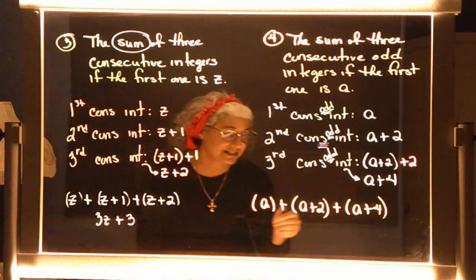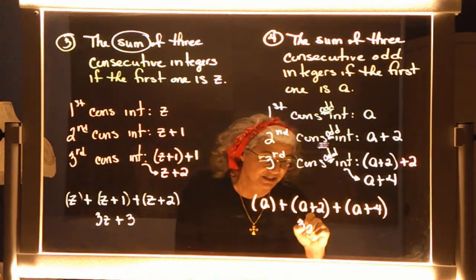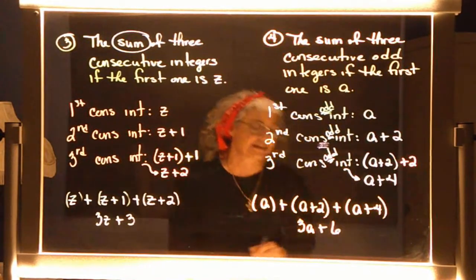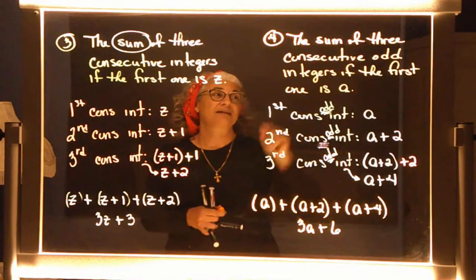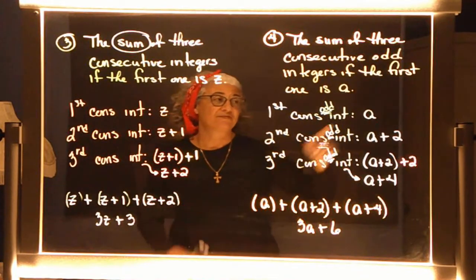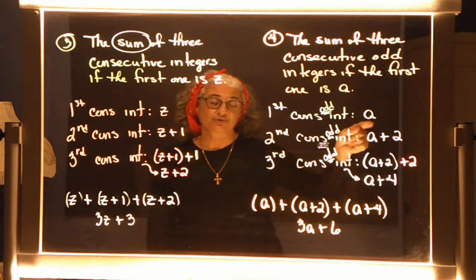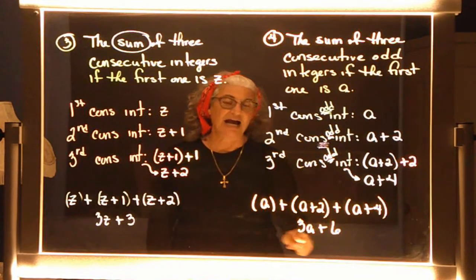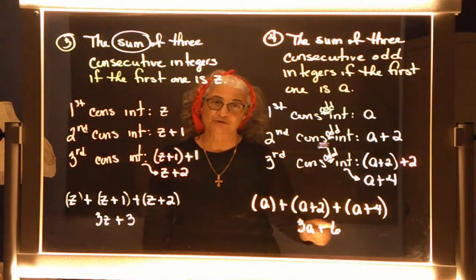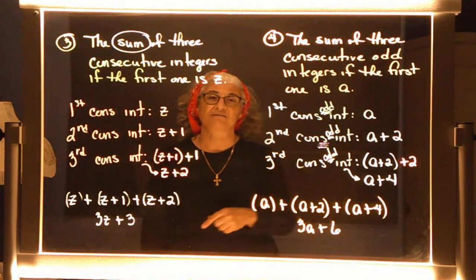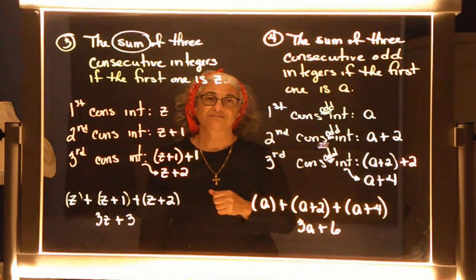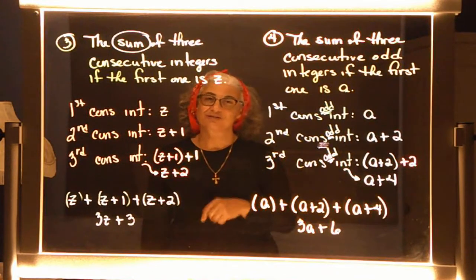So you just add like terms, which means in this case you would get 3a plus 6. This represents the sum of 3 consecutive odd integers. And if I knew what the first odd integer was and I plugged it in here, I would get the sum of 3 consecutive odd integers. Cool? Hang in there. Got some more examples for us.